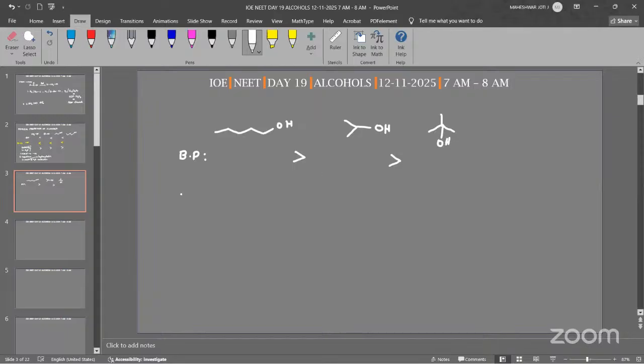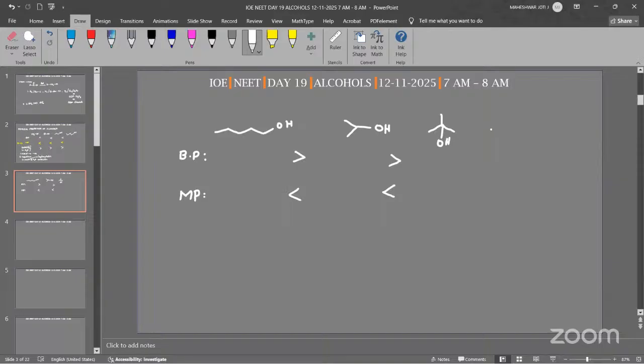Now what about melting point? See, in case of melting point, it increases. Melting point increases because here, as the number of branches increases, compactness increases.